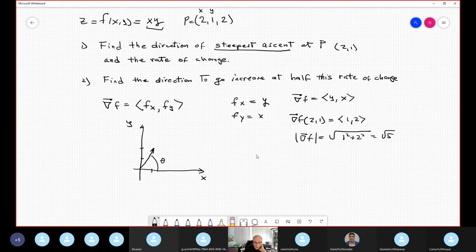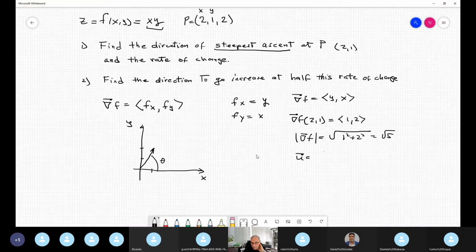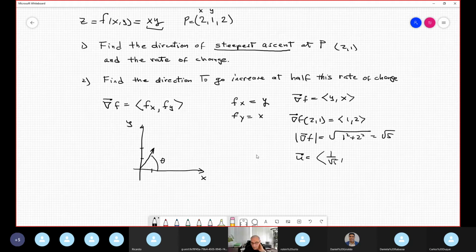Radical 5. If you want to find the unit vector in the direction of fastest increase, you divide the gradient vector by the magnitude: 1 over radical 5, comma 2 over radical 5. You can indicate it in that way. So this is the unit vector, and remember, the unit vector offers the direction, because I know that the magnitude is 1.